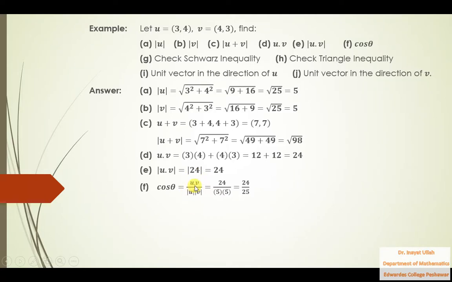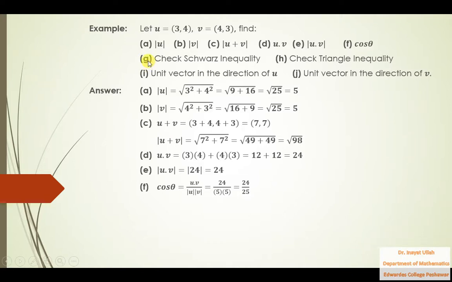Now we have already calculated u dot v, which is 24, so replace u dot v by 24. We have calculated the magnitude of u, which is 5, from part a, and the magnitude of v, which is also 5, from part b. So replacing all these values, we get cos theta equal to 24 by 25. So that is cos of theta.